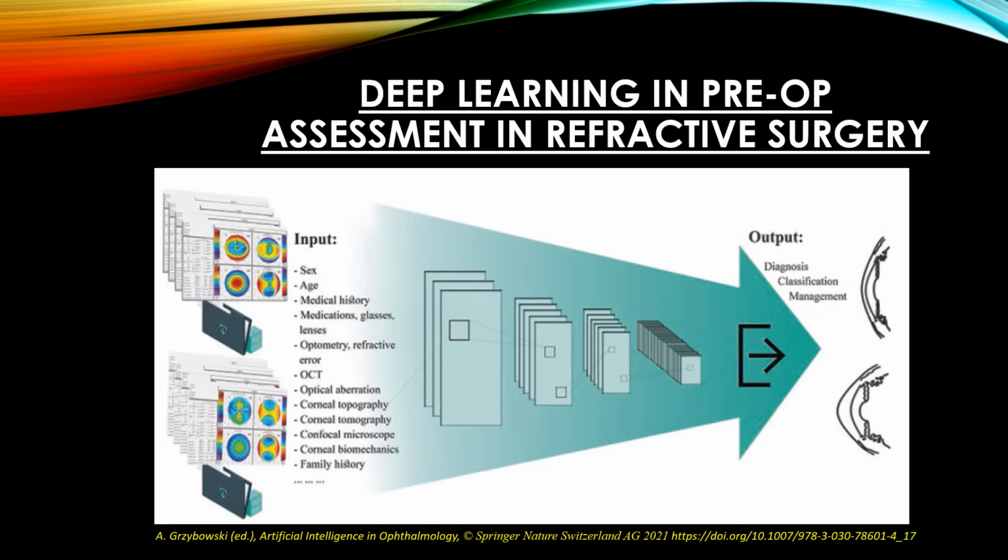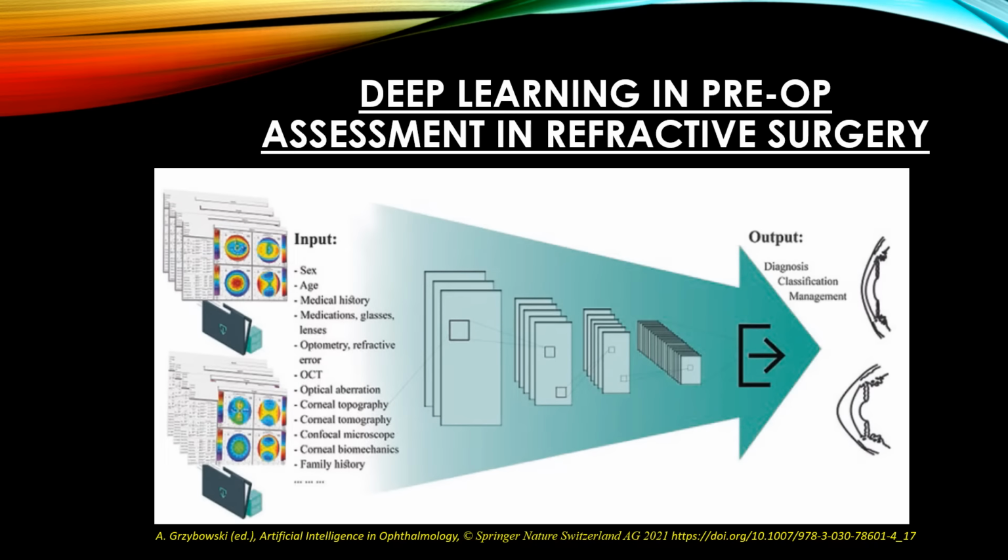So we take inputs of both the demographical data as well as the clinical data, like the sex, age, medical history, the medications, whether the patient is having any use of glasses or lenses, the optometry, the refractive error assessment, and then we conduct a number of imaging like OCT, optical aberration screening, corneal topography, tomography, confocal microscopy, corneal biomechanics study, and family history.